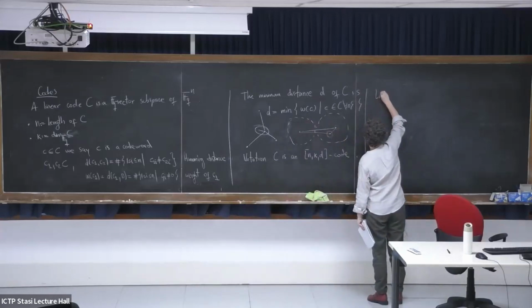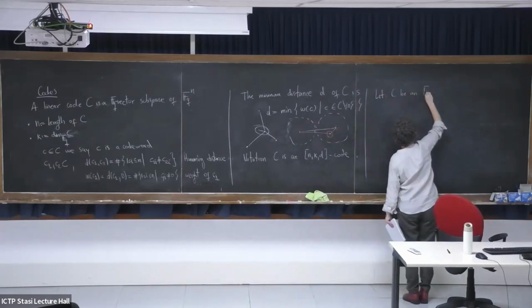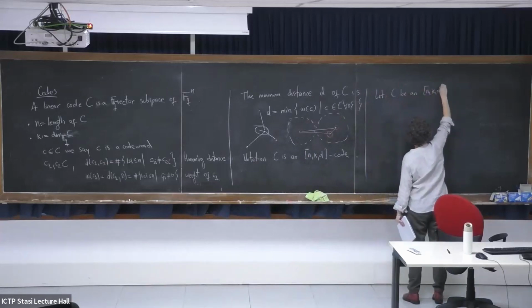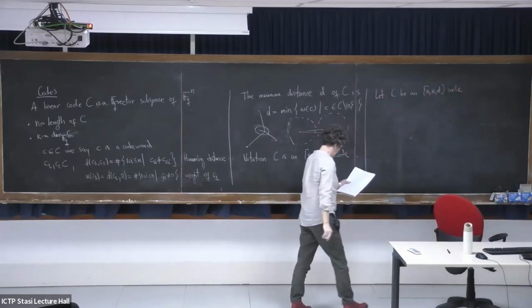So for example, let C be an [n, k, d] code. Okay, so you consider this set.